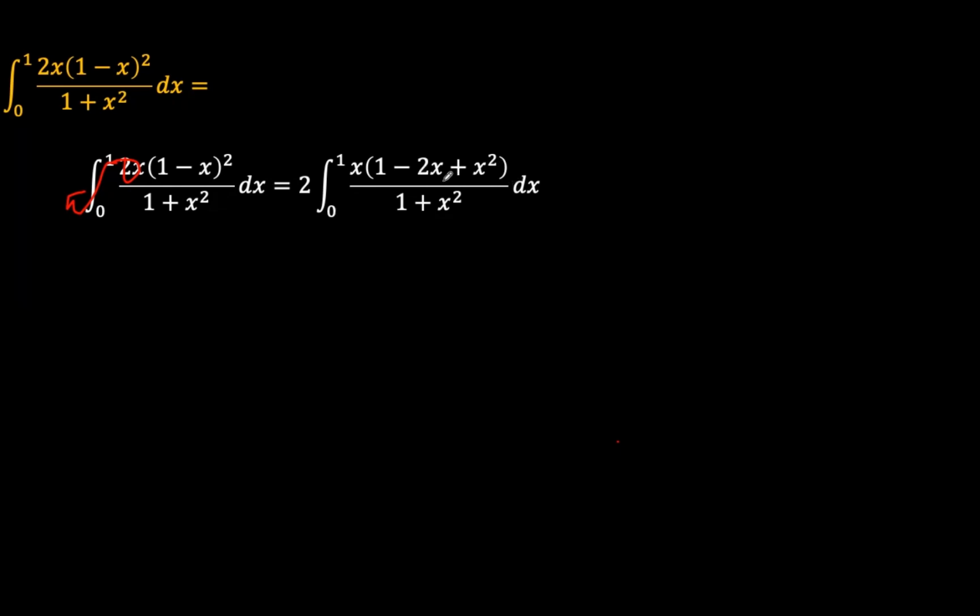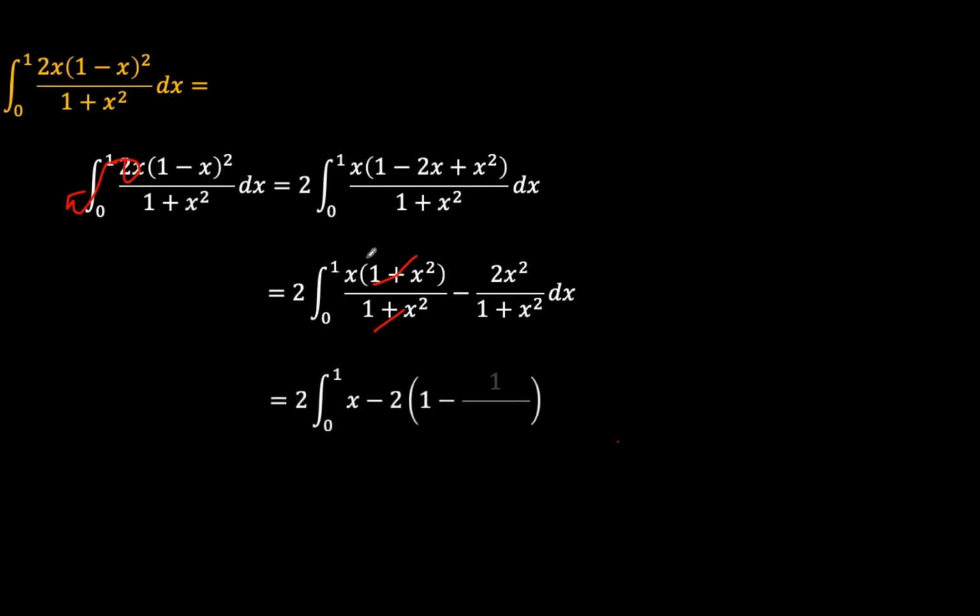Now I can bunch 1 plus x squared and then separate the 2x out there. So we have x times 1 plus x squared over 1 plus x squared, and definitely this and that would cancel. And then we're left with x times this 2x, so we have minus 2x squared over 1 plus x squared. So we have here now x minus 2 times x divided by 1 plus x squared.